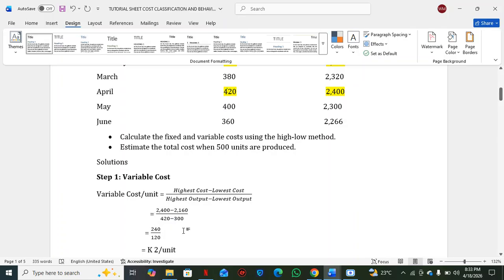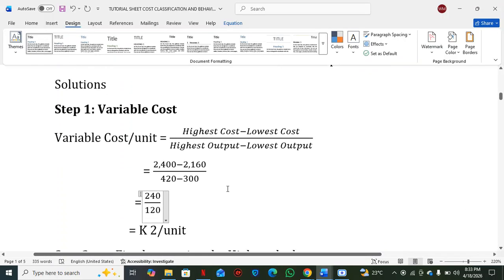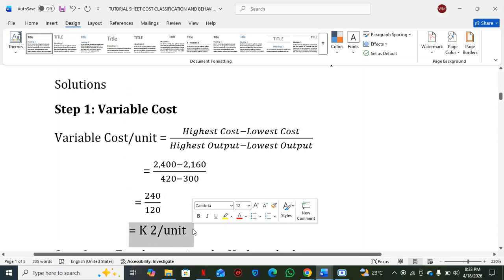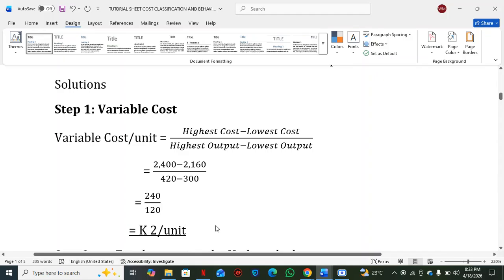So 2,400 minus 2,160, you get 240. Then 420 minus 300, you get 120. So 240 divided by 120, 2 kwacha per unit. So this is our variable cost. 2 kwacha per unit. Are there any questions?